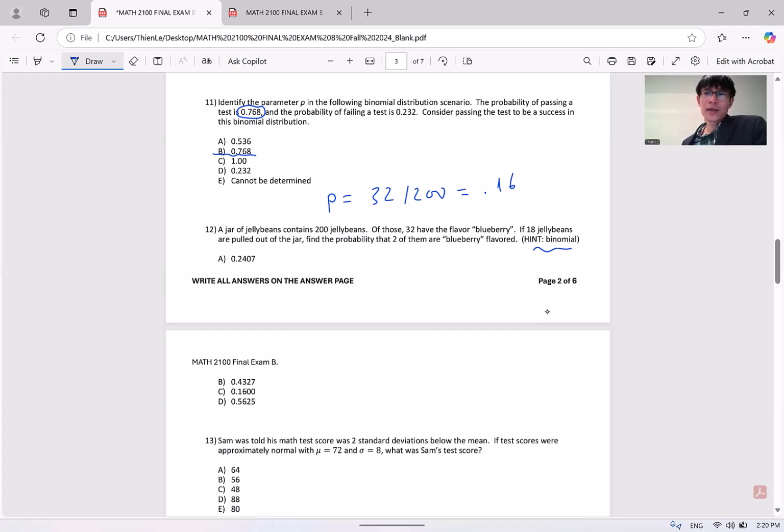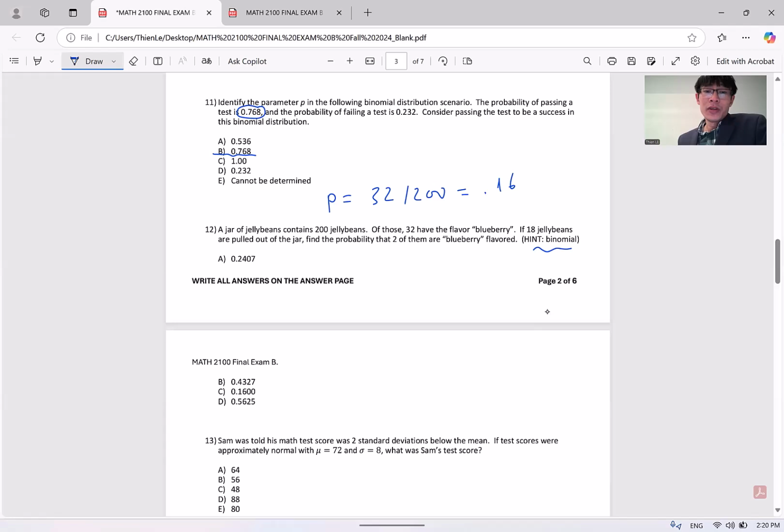In this case, not exactly, if we follow binomial, because the 18 is bigger than 5% of the 200. But because they want you to use a binomial, you can also just look at it from the binomial perspective.